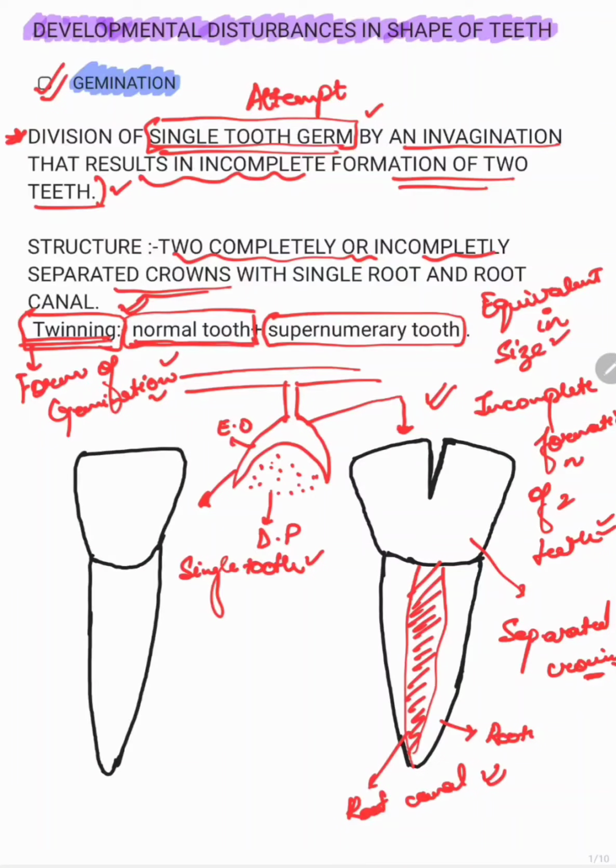So what happens in gemination? There is a single tooth germ which attempts to divide into two teeth and leads to incomplete formation of two teeth, right, with completely or incompletely separated crowns.